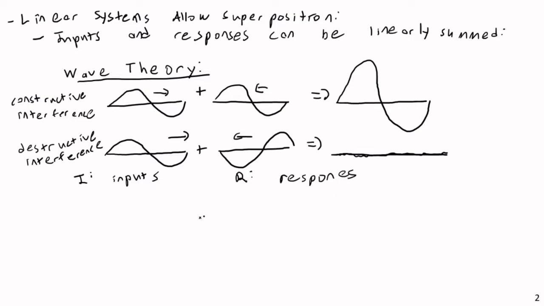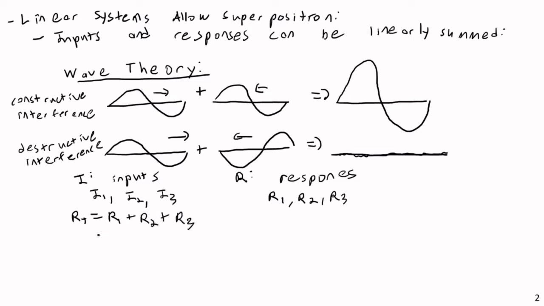Let's say you have a series of I's and a series of R's: I1, I2, I3, for example, and R1, R2, R3. Your total response, R total, is equal to the sum of the individual responses.